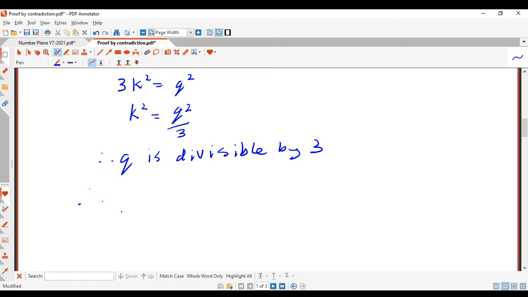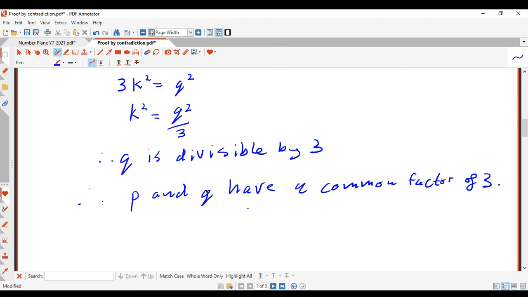So therefore, P and Q have a common factor of 3. Okay? But this is a contradiction, isn't it?